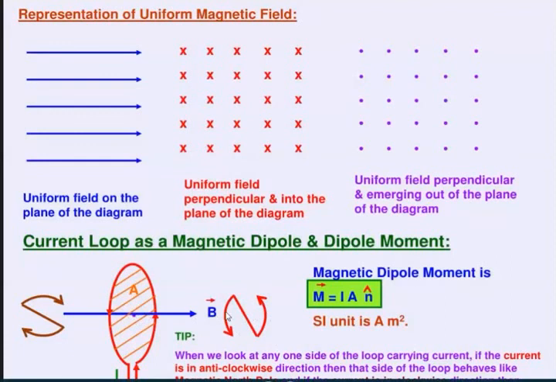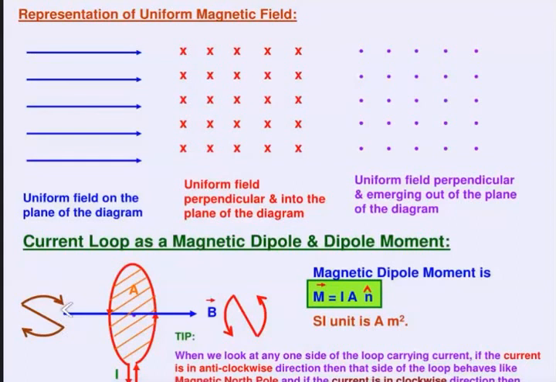When the same observer comes to this side and observes the phase of the loop, he will see that current flowing through the loop is clockwise. That means that phase acts as a south pole.